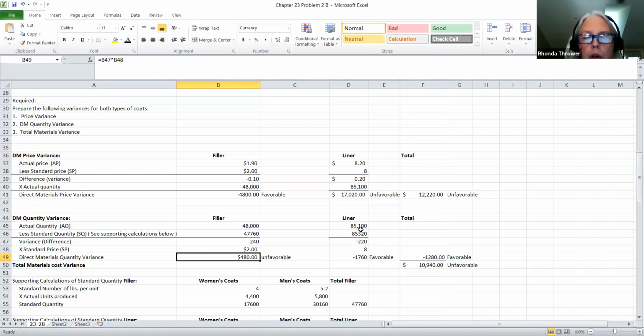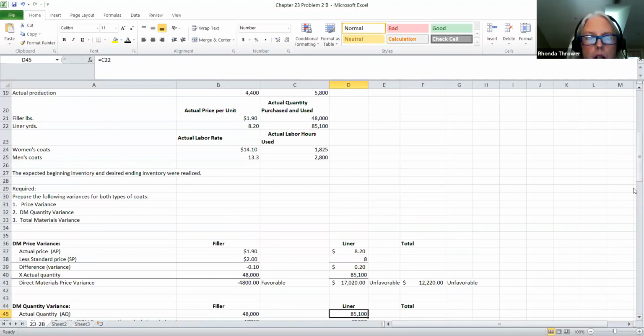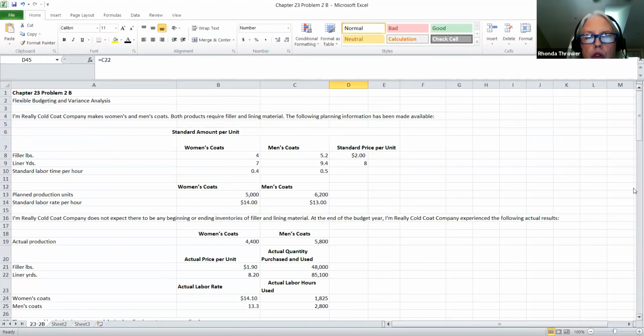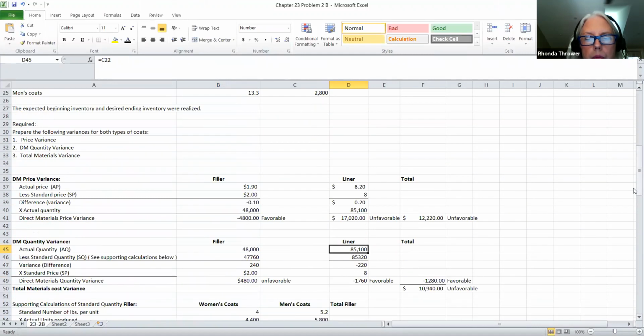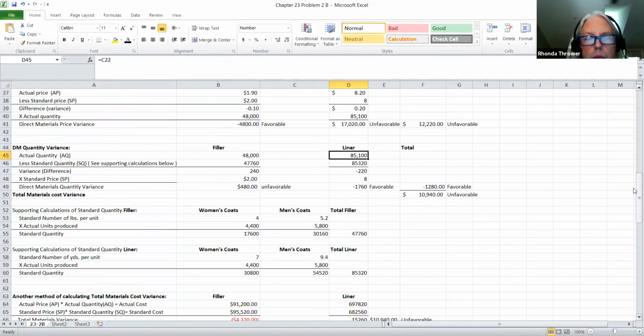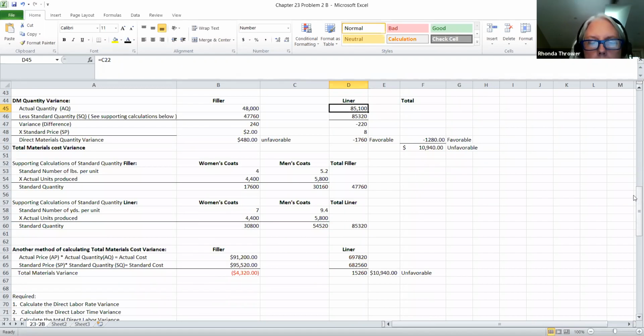For the liner, we're going to take our actual quantity of the liner that was used. I believe I have skipped around a little bit here. I think I should be down here because we've already talked about how to do this. So I apologize to you, class.